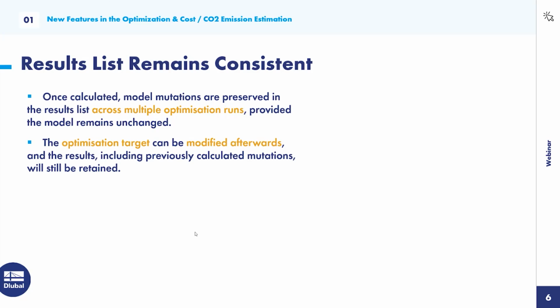We collect from every optimization run every single calculated model mutation and store them in one list. It's now consistent, or you can say persistent, unless you change the model so that the results are not comparable anymore. If this is not the case, we store them in one list, and I will show it later.